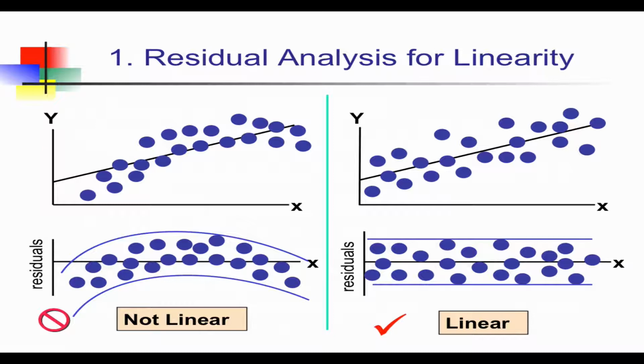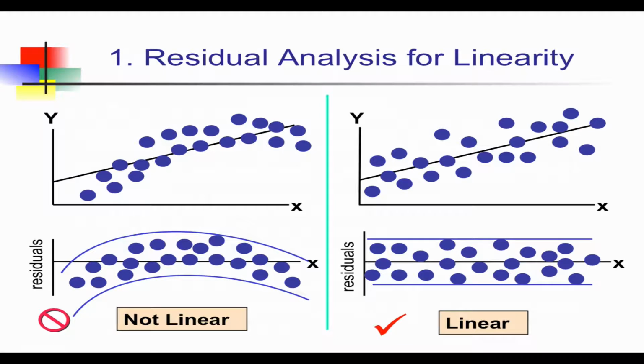Once you get epsilon_i equals y_i minus y_i hat, you plot on the y-axis this time epsilon_i instead of y_i, so you plot epsilon_i versus x. And on this plot, what are you looking for?